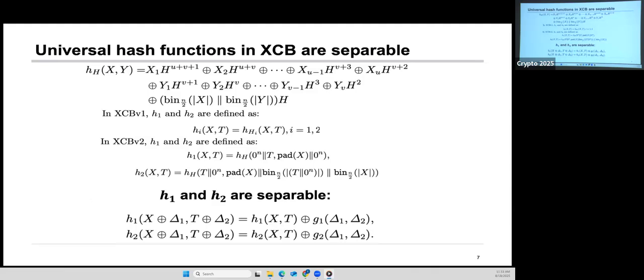Now, a very important property we use in our attacks: both H1 and H2, based on polynomial evaluation functions, are separable. What does it mean? It means that any string XORed with the input of H can be factored out from the function by G1 or G2. This separability property is the only feature we rely on in our attack.